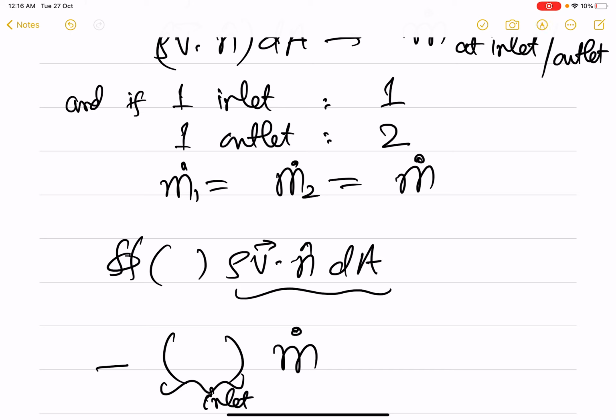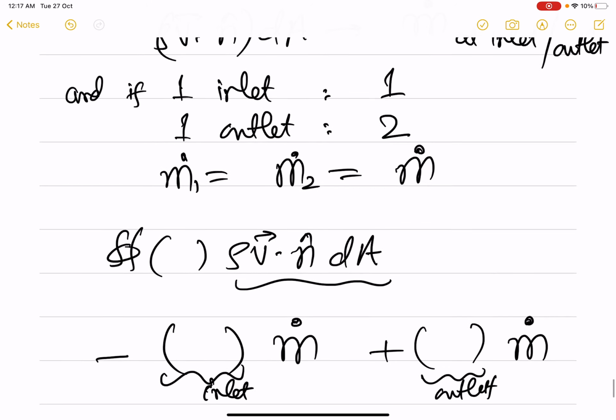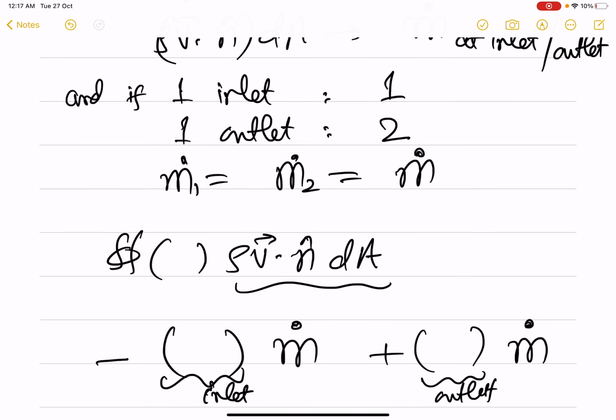Inlet and outlet can each have a sign, and these quantities will typically be either r times V or V depending on the case, or energy if it is the energy equation.